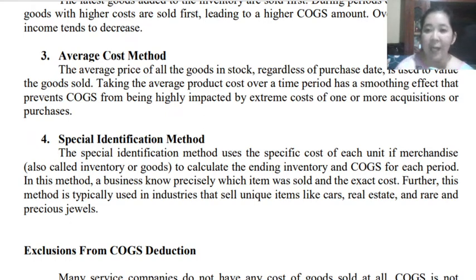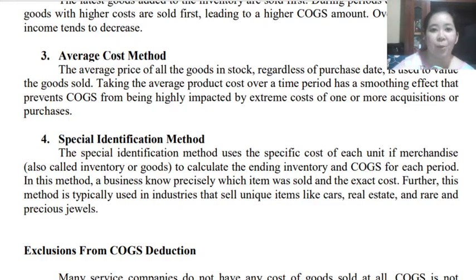Meaning they really account for the specific cost of the item that was sold. Further, this method is typically used in industries that sell unique items like cars, real estate, and rare or precious jewels. Using specific identification, they usually follow the perpetual inventory system, because they account for each transaction that relates to the inventory.